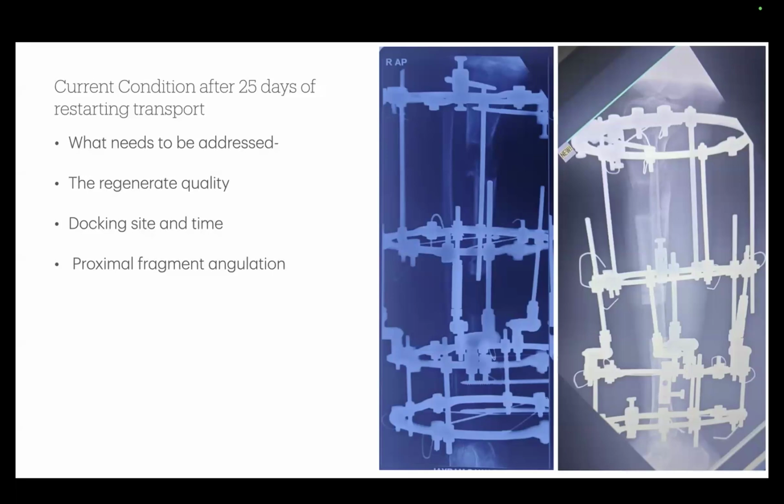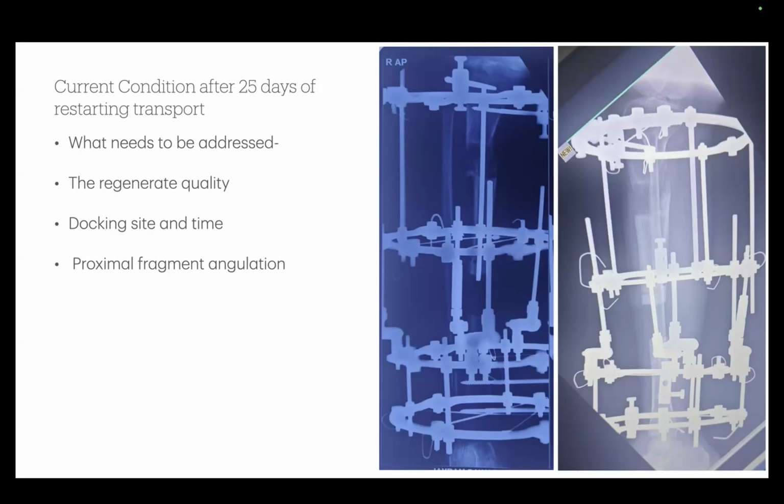You may require in the future grafting at the regenerate site. If it's not collapsing and it's not ossifying, then you may need to graft there as well as at the non-union docking site. Yeah. Let's get other opinions also.